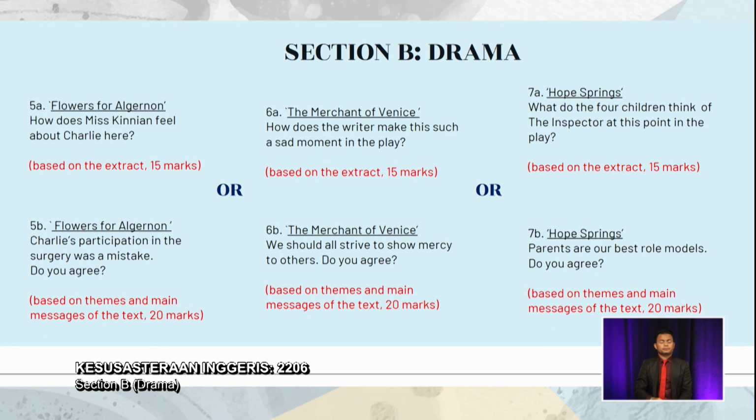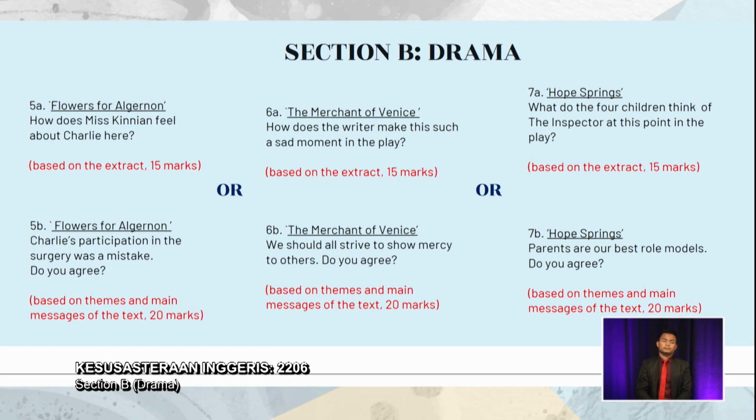Candidates are going to immediately zoom in and select their drama of choice. But what I would like to point out is if you take a look at all the A questions, you will find that they are rather similar in nature.